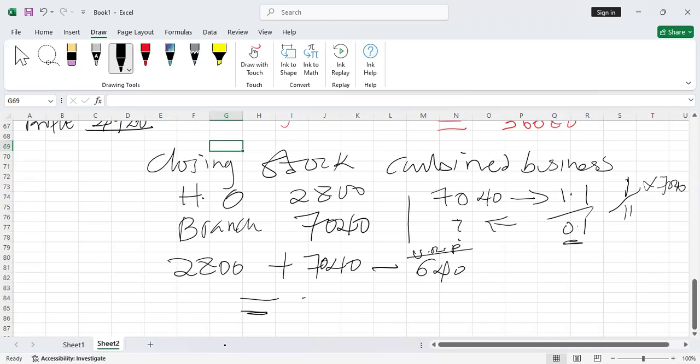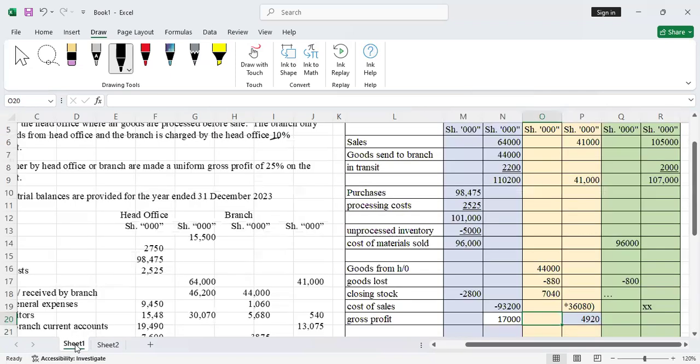Are you sure? 2,800 plus 7040 minus 640 is 9,200. So the closing stock of the combined business is 9,200.